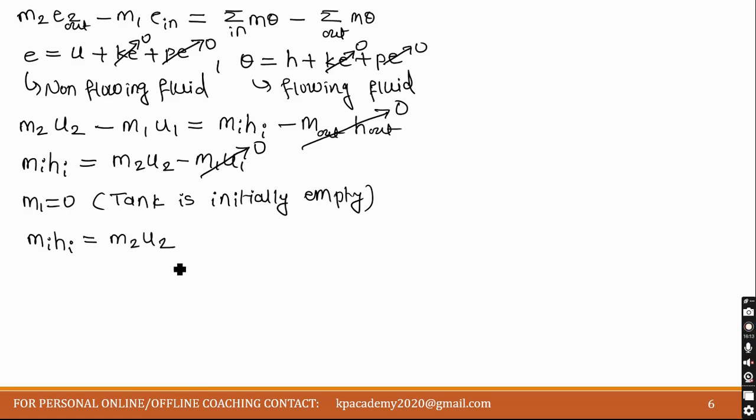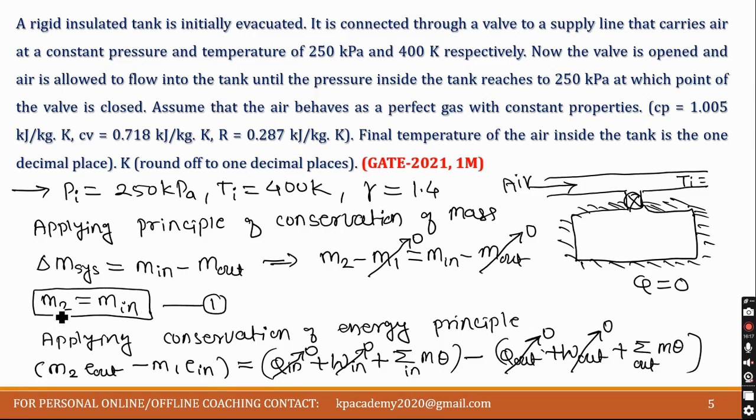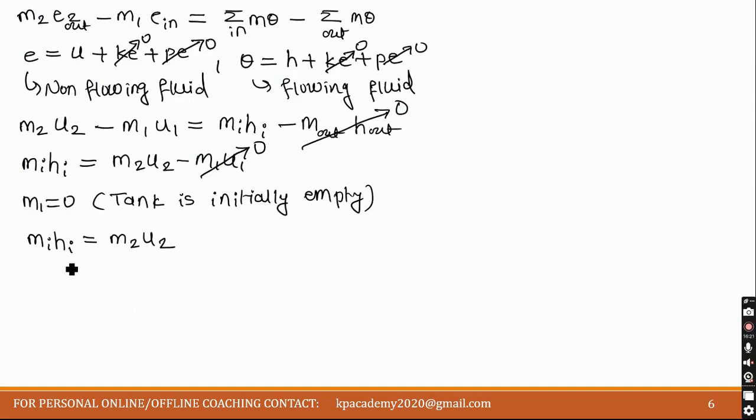m2 u2. Now in the previous slide we have discussed that this m2 is equal to m in, right? So we can write here mi and m2 is same. So finally we have, what is that? hi equal to u2.